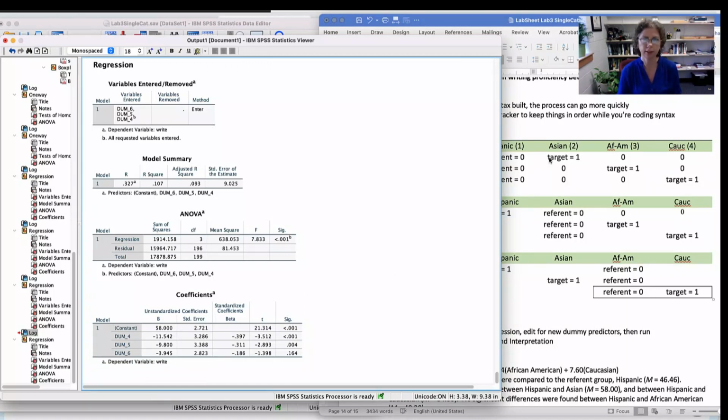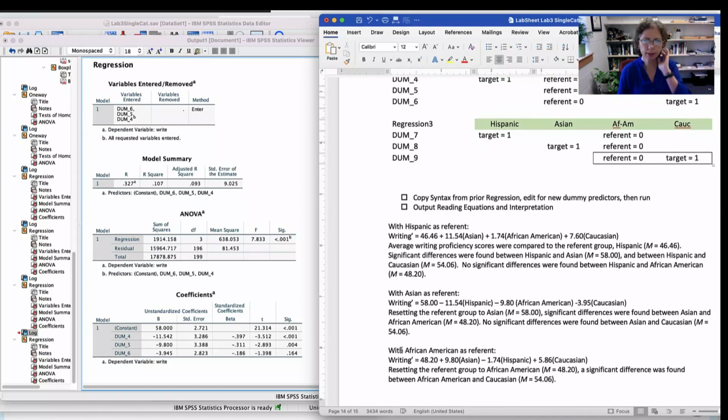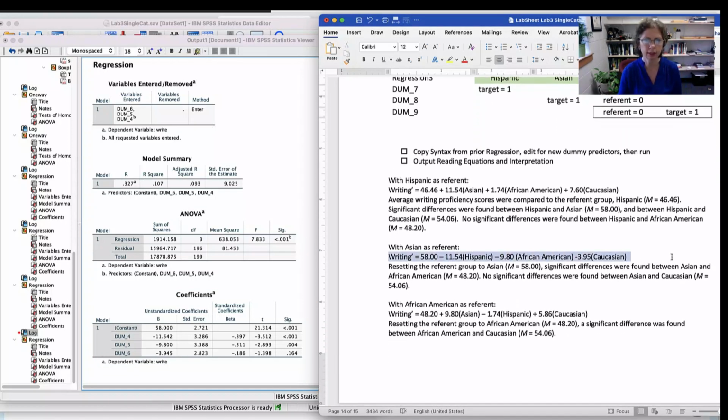So my comparison from Asian to Hispanic, from Asian to African American on DUM5, and from Asian to Caucasian on DUM6. And that gives us this regression equation using the information from here for each of those groups with Asian as referent.